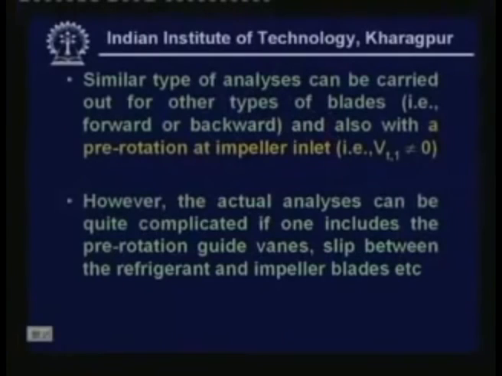And if you have any tangential velocity at the inlet, you also have to include that in the expression for the torque. However, the actual analysis can be quite complicated if one includes the pre-rotation guide vanes and slip between the refrigerant and impeller blades.